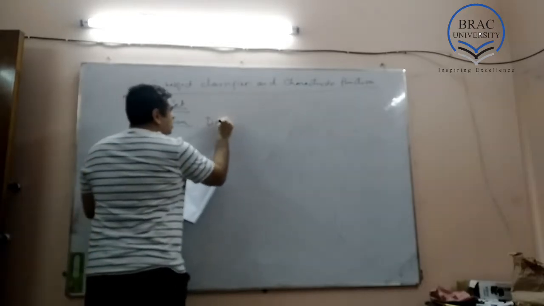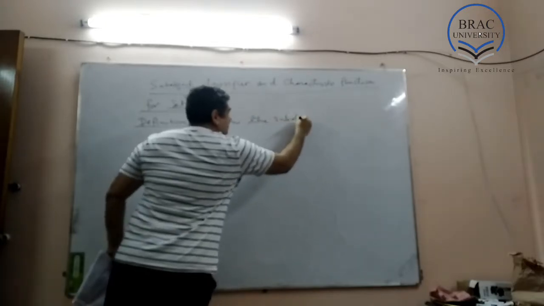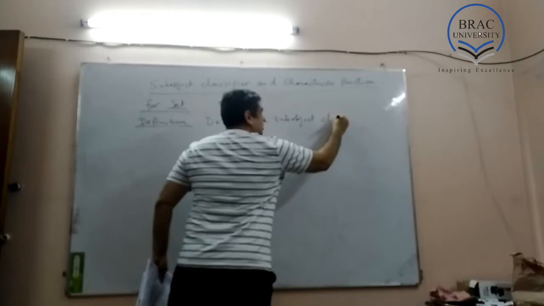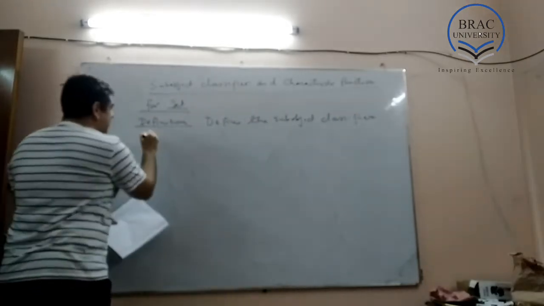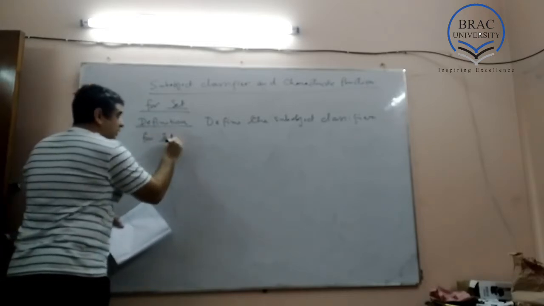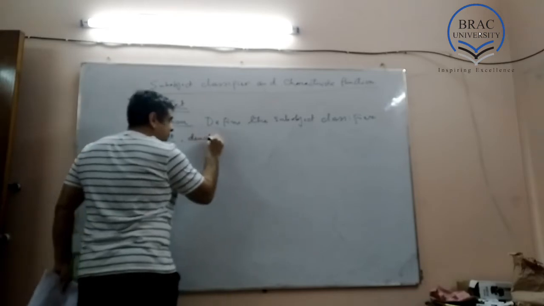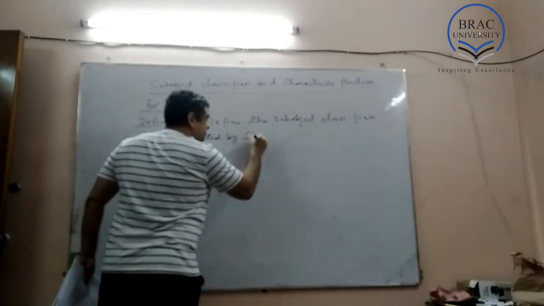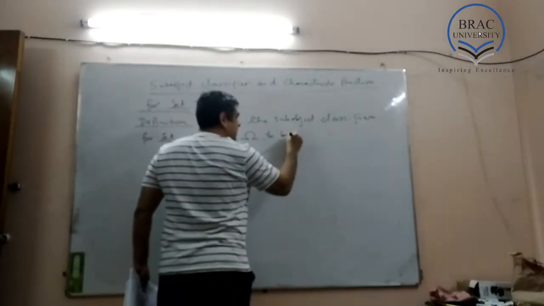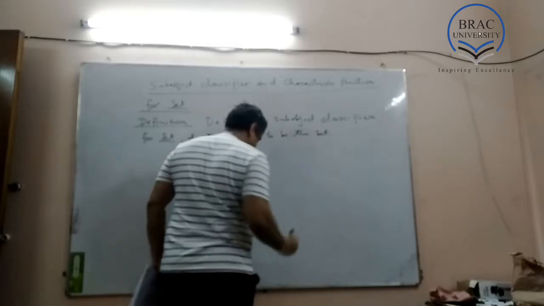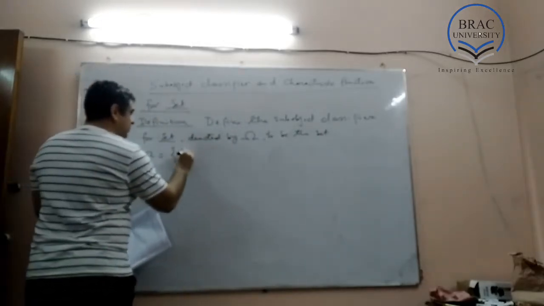Define the subobject classifier for set, denoted by omega, to be the set omega equal to a two-element set, okay?